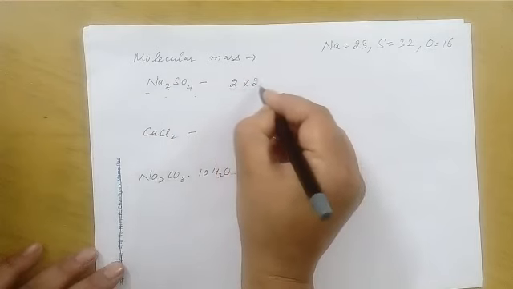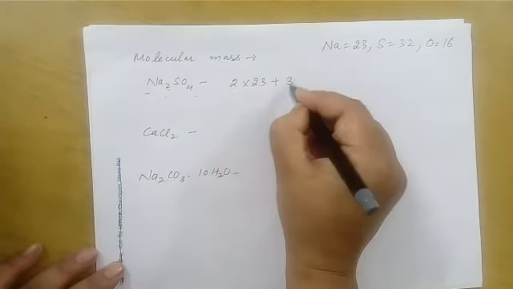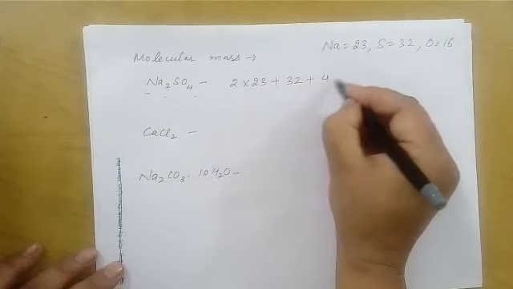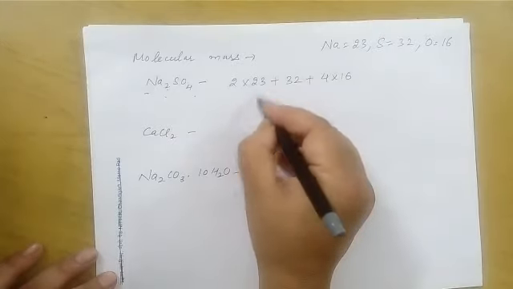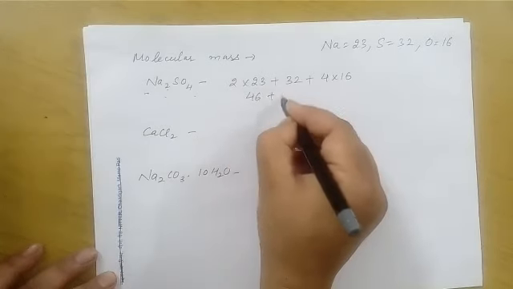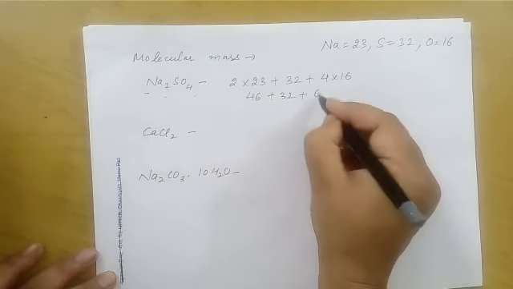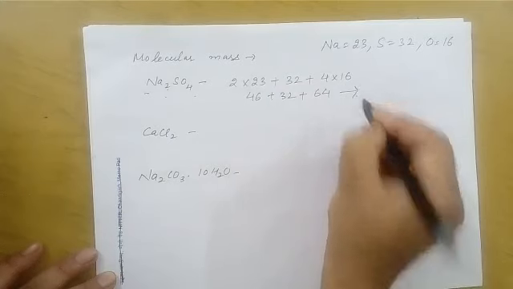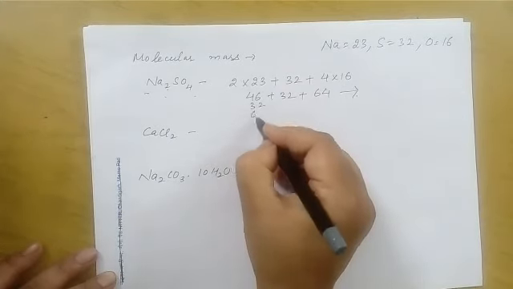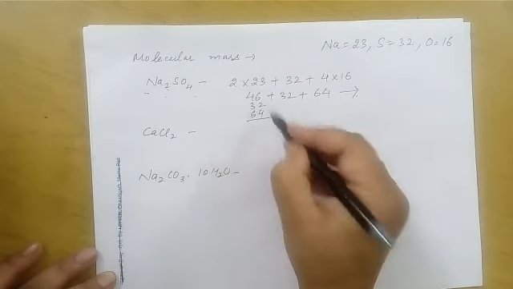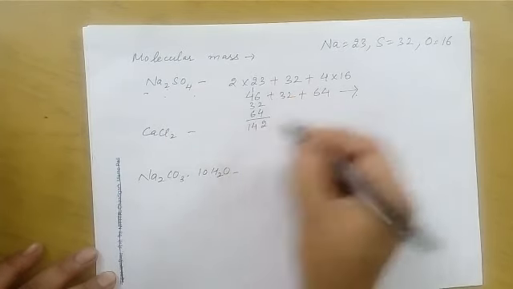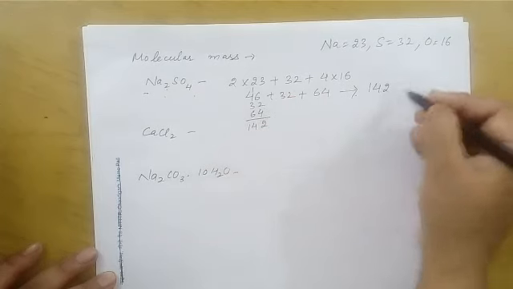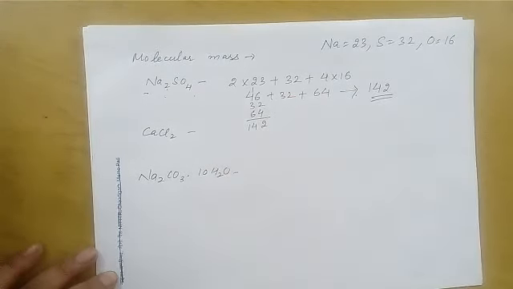So we are going to write, I already told you, number of atoms in front and then atomic mass. So 2 into 23 plus 32 plus 4 into 16. So we have 46 plus 32 plus 64. So we have 142.